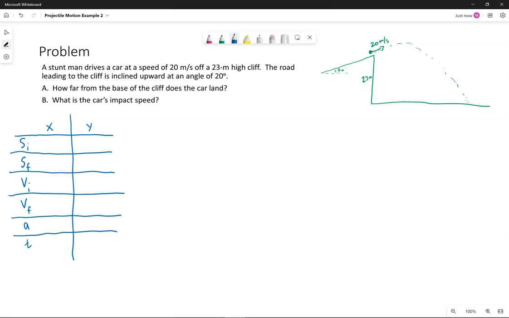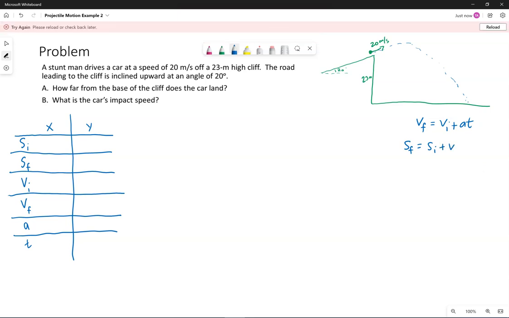We can still use the kinematic equations because we're still assuming no air resistance, and we of course have the acceleration of gravity, and so the acceleration is constant. When the acceleration is constant, we can use these kinematic equations.